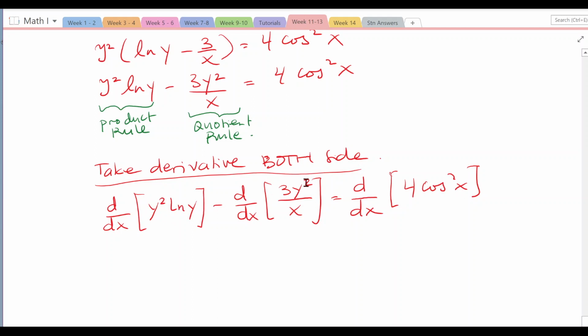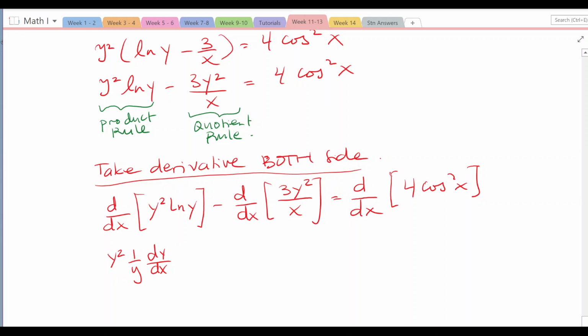I like to take the derivative of the second term first and then multiply by the first term. So the derivative of ln y is 1 over y times dy/dx, because this is with respect to x. We maintain the first term, y squared times 1 over y, and don't forget to include dy/dx.